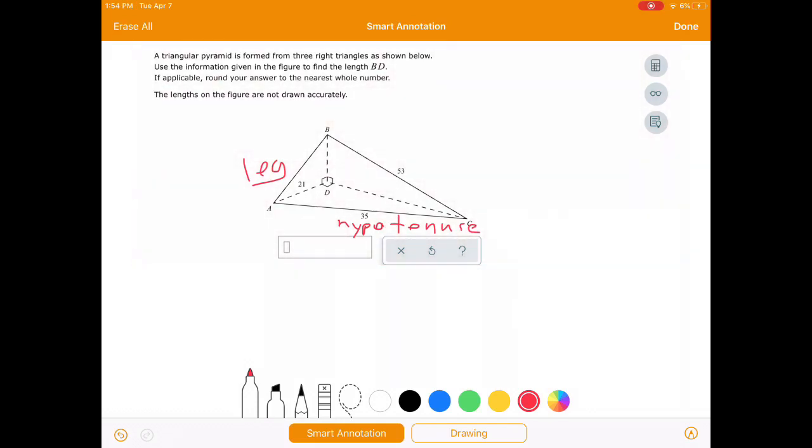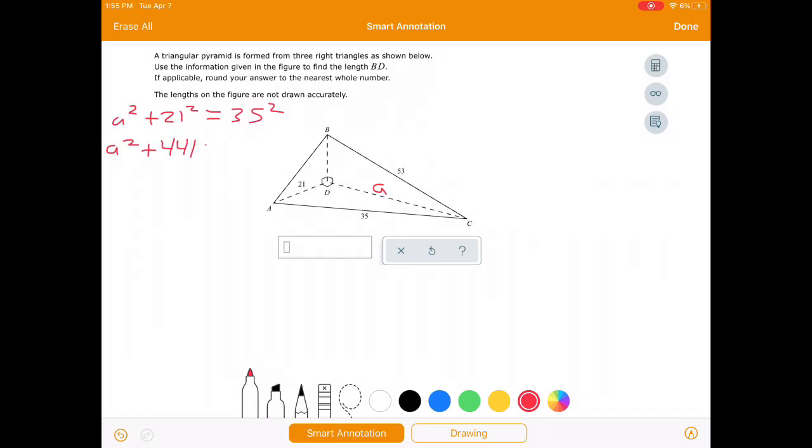All right, so we are missing a leg for this particular problem. So let's go ahead and start here. So we're going to look at a squared. We're going to call this side over here a, plus 21 squared equals 35 squared.